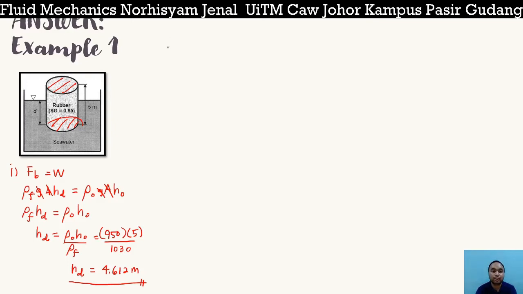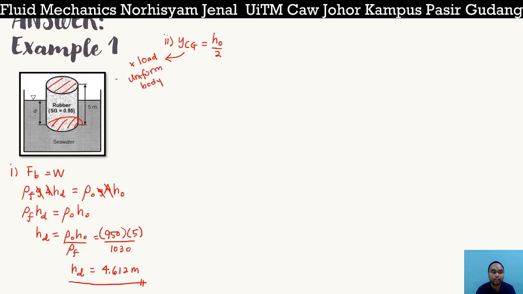For the second question, we need to start by searching what is the YCG for this picture. YCG, center of gravity, is equal to H object divided by 2. Once again, this equation is here because we don't have any load in the picture, and because it is a uniform body.